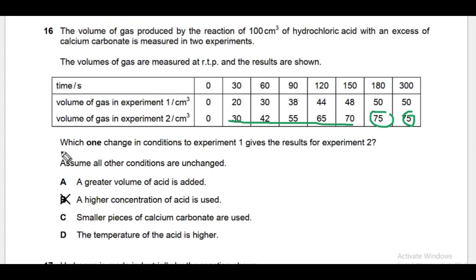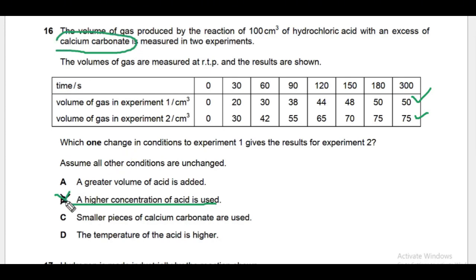So you are asking, which one change in condition to experiment 1 gives the result for experiment 2. In experiment 1 you get less volume of gas, in experiment 2 you get more volume of gas. So if a higher concentration of the acid is used, you will get more volume of gas, as calcium carbonate is in excess.